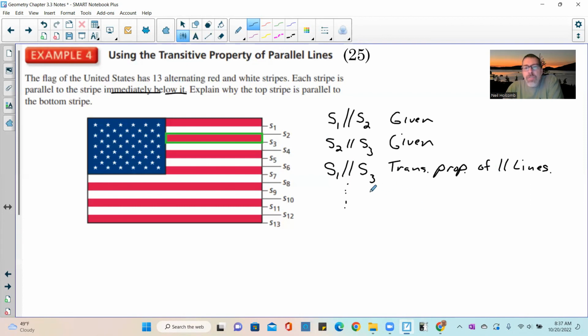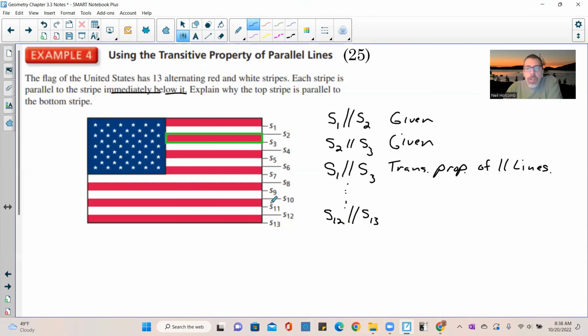And then since S4 is parallel to S1 and S5 is parallel to S4, then S5 is parallel to S1. And you keep doing this over and over until finally the last step you would say S sub 12, stripe 12, is parallel to stripe 13. The reason? Immediately below it.